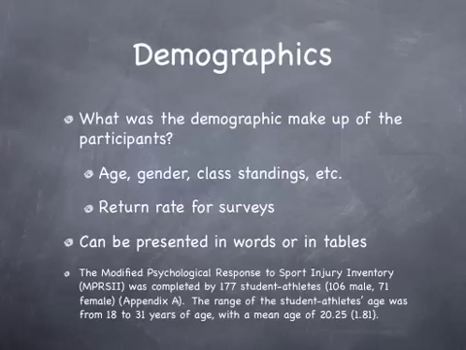We know the range of the student athletes that took this particular survey, anywhere from 18 to 31 years of age, and then we have a mean age, the average age, of a little over 20 years old, with the standard spread of about 1.8 years. And so that tells us about the demographics of the people that were in a study.